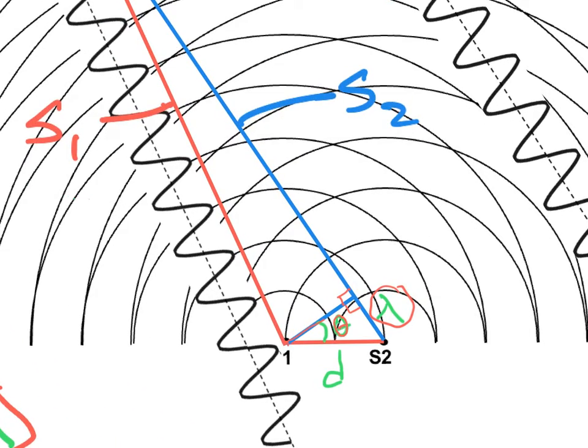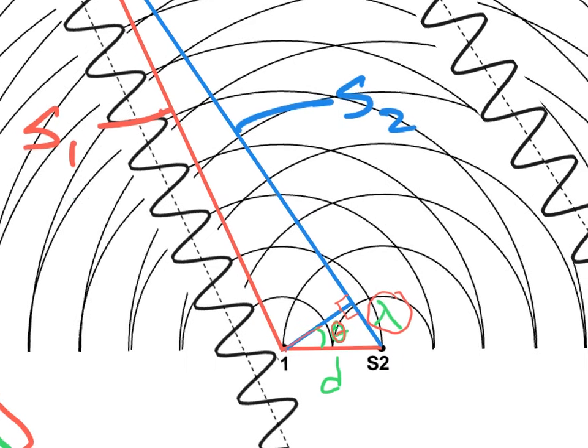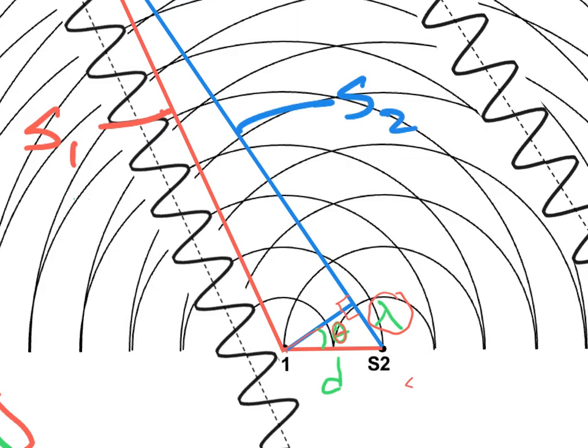That's the hypotenuse of this little mini right triangle in here. So the sine of that angle theta is equal to the opposite leg of that triangle, which is the wavelength, divided by the hypotenuse, which is the distance between the slits. So the sine of the angle gives me this relationship right here, which is really important.